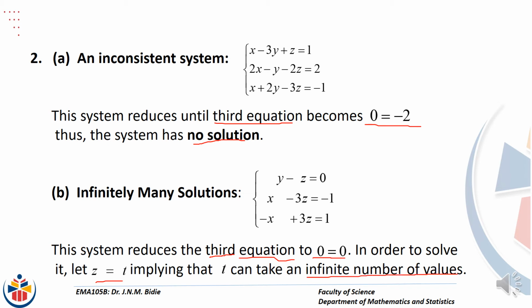You can substitute anything. The values of x and y will change depending on the value that you've given to z. So there is no one solution when you get 0 equal to 0 for a 3 by 3 system, because you end up with two equations with three unknowns, being forced to let the third variable be equal to another variable, t, which can take any value.